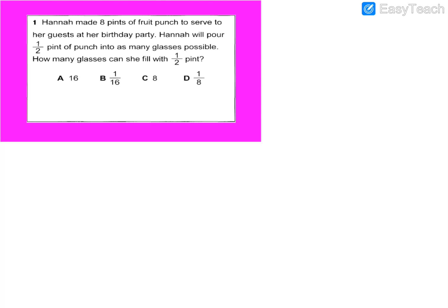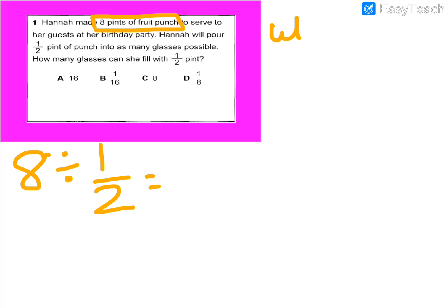All right, so the last problem is going to be Hannah made 8 pints of fruit punch to serve to her guests at her birthday party. So she made 8, so that's what she's starting with. Hannah will pour 1/2 pint of punch into as many glasses as possible. So you want to divide it by 1/2. So it looks like, again, we're starting this time with a whole number.